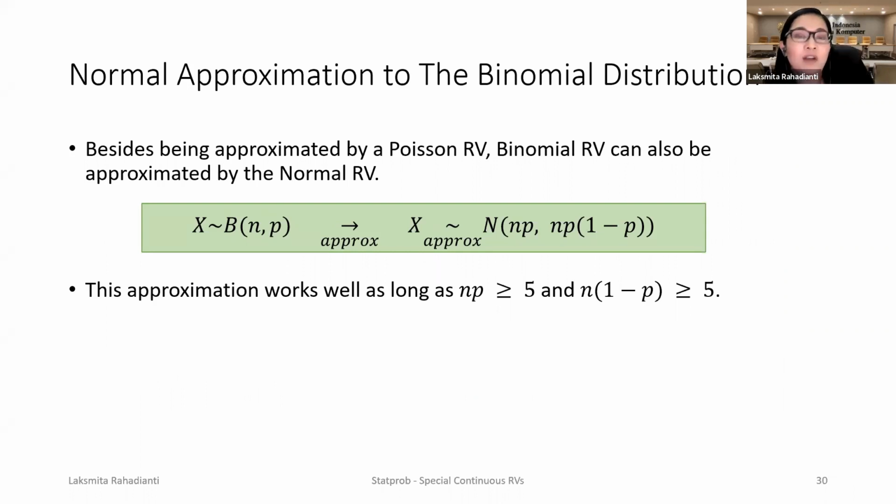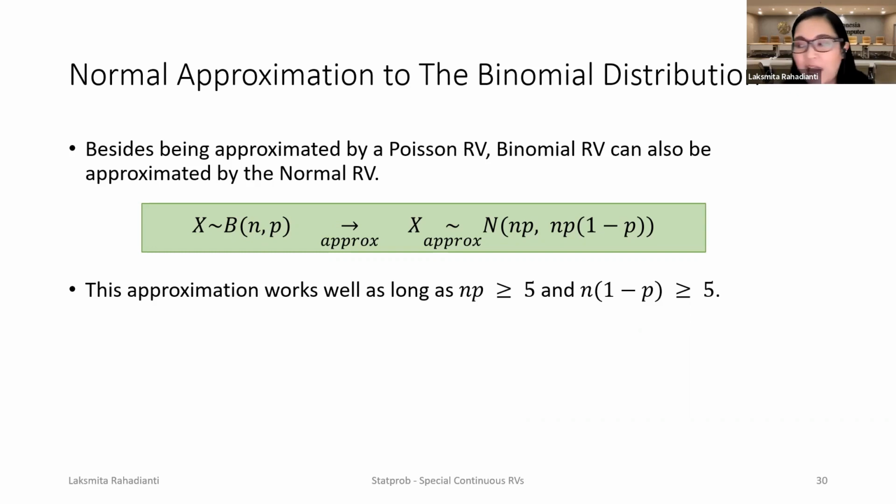Additionally, the binomial random variable can also be approximated by the normal random variable. So instead of X being a binomial distribution with parameters n and p, I can instead describe it as a normal distribution. The mean is n times p, and so forth.